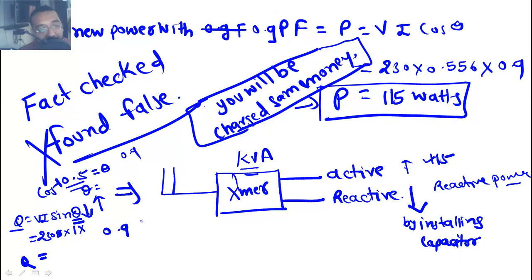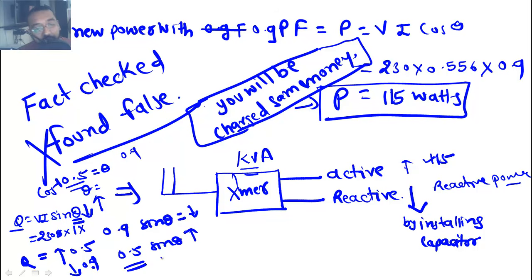You can calculate it separately, it is very simple. So for a power factor of 0.5 your Q value would be more, and it will be less for a power factor of 0.9.